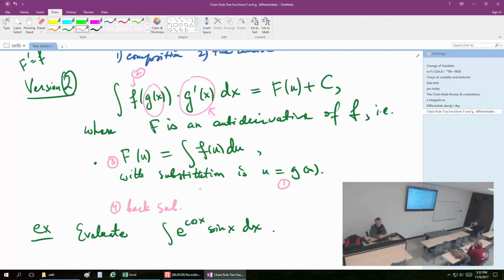First of all, you see a composition. If there is no composition, it's probably not about substitution. And secondly, there are two terms to integrate. The function is made of two terms, so it may have come from the chain rule. So that function, e to the cosine x times sine x, may have come from the chain rule. That's the good news.